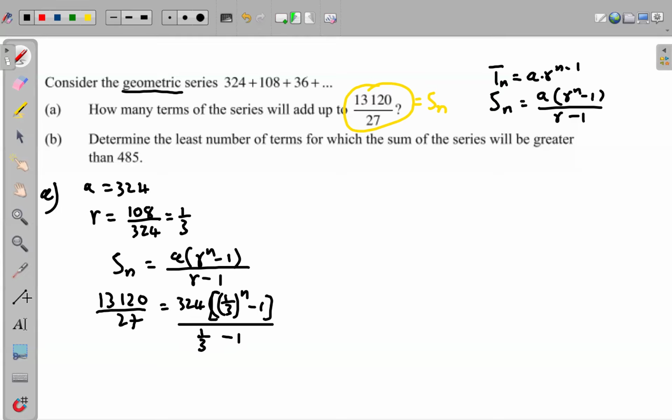I want to show you a way which I think, and this is my opinion, will help you minimize the errors. I know students don't love fractions. So the first thing I would like you to deal with is this little fraction, a third minus 1. It's going to give us a negative number, of course, because a third is smaller than 1. So we have to deal with this first.